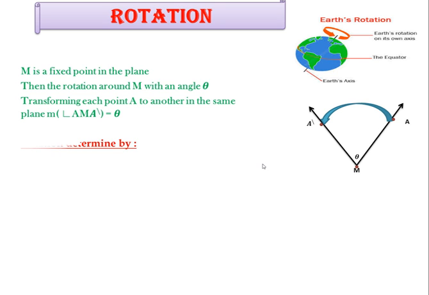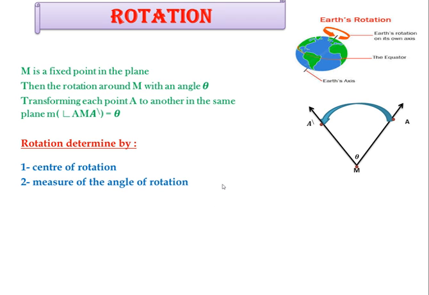We know that the rotation is determined by, first, the center of rotation, which is M, the measure of the angle of rotation, which is theta, and the direction of rotation, from right to left or left to right. We have two directions.